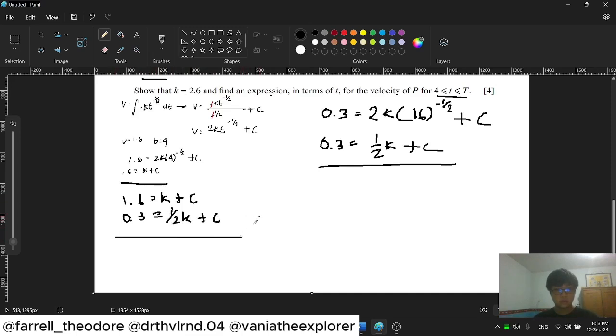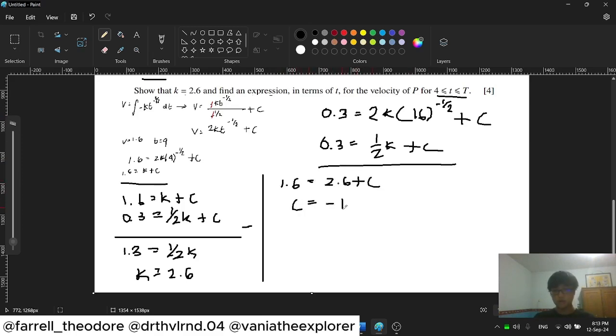Calculating this, we get 1.3 is equal to half k, and k will be 2.6. Next we have to find the c. So 1.6 is equal to 2.6 plus c. So this makes the c into negative 1.